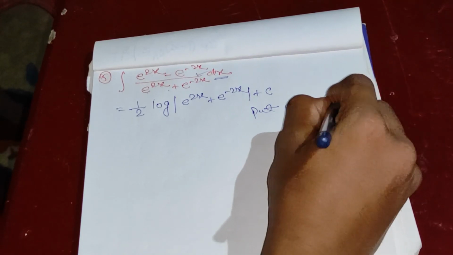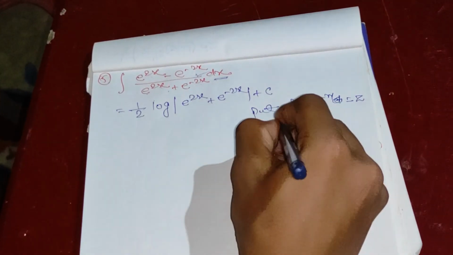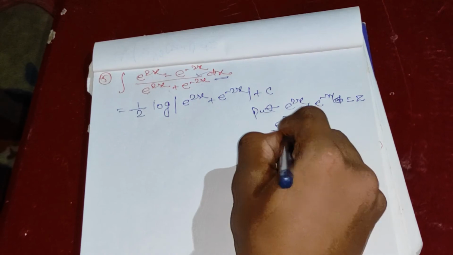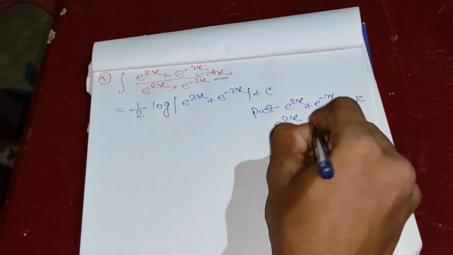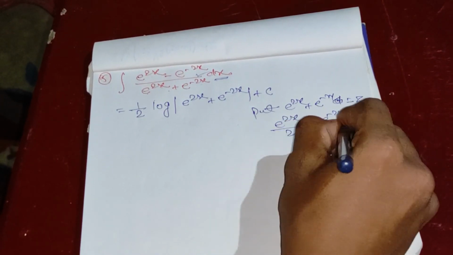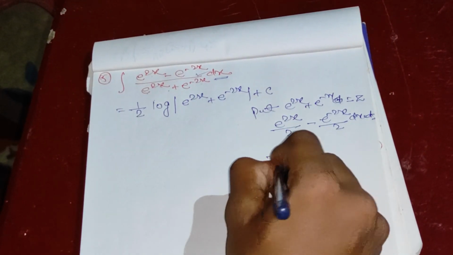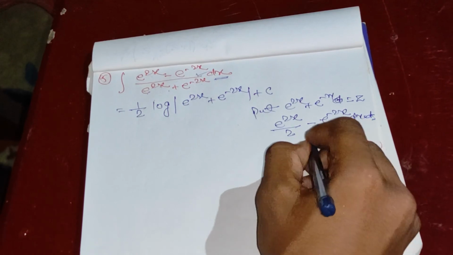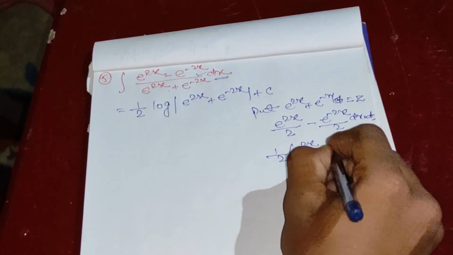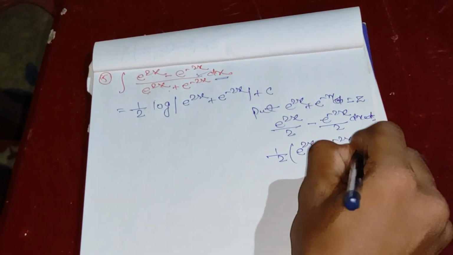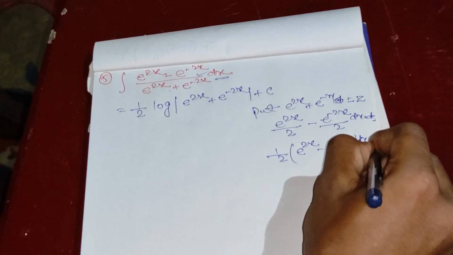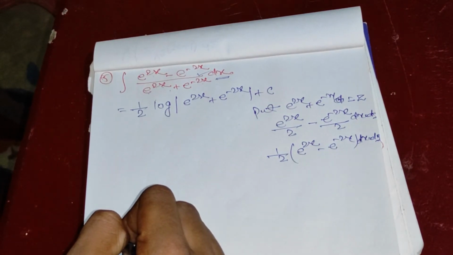If you go through the procedure, then put e to the power 2x plus e to the power minus 2x equal to z. So it becomes e to the power 2x divided by 2 plus minus minus e to the power minus 2x divided by 2 dx equal to dz. Means 1 by 2 you take out, e to the power 2x minus e to the power minus 2x dx equal to dz.